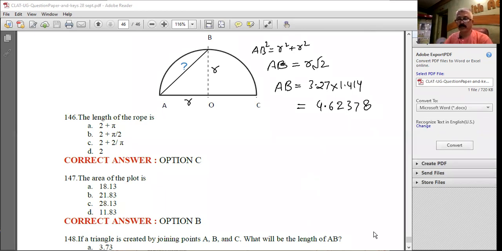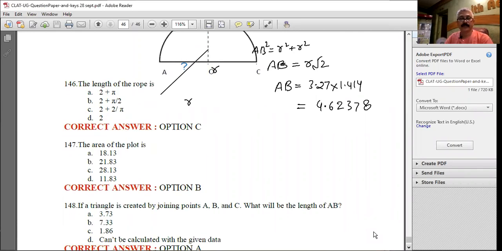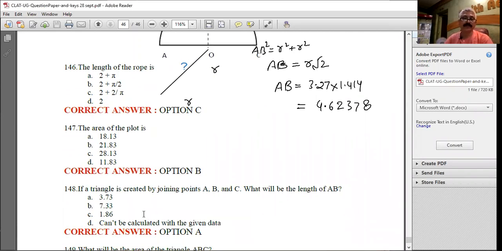So question number 148, option is given A. It should be 4.62378. So again, it is wrong. This is wrong.